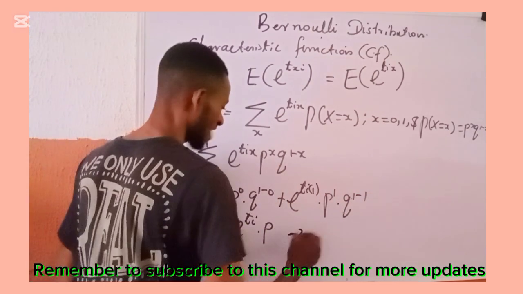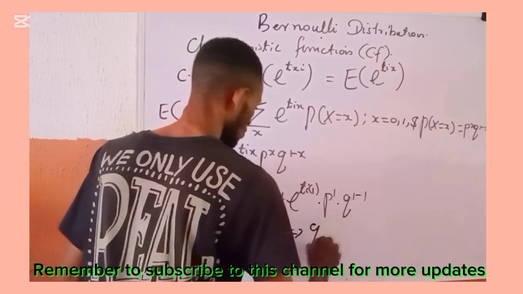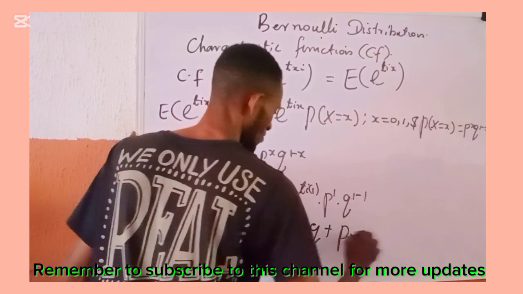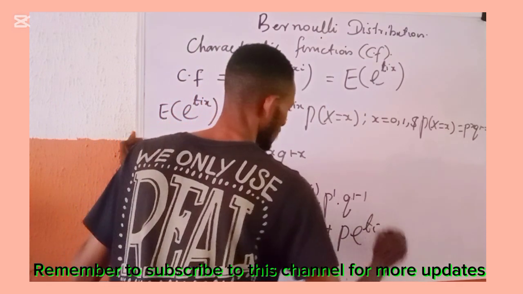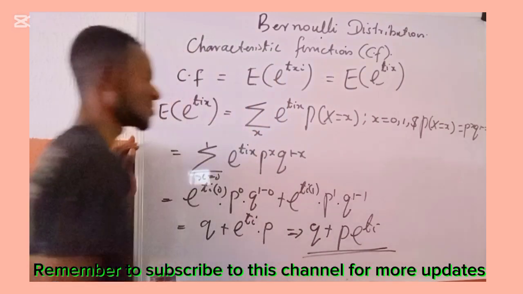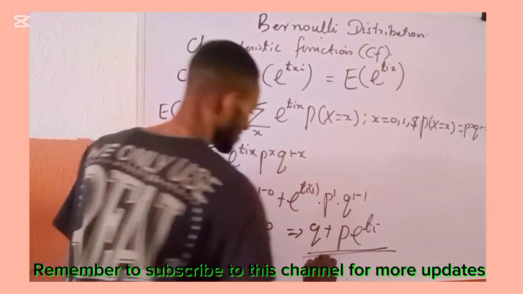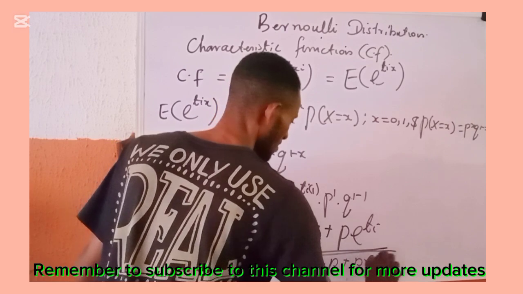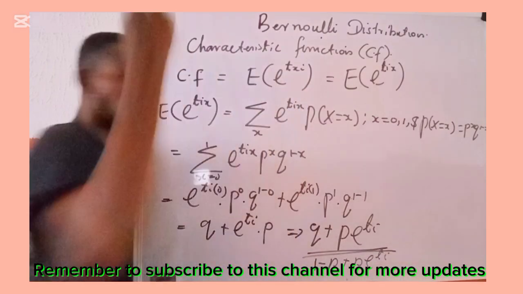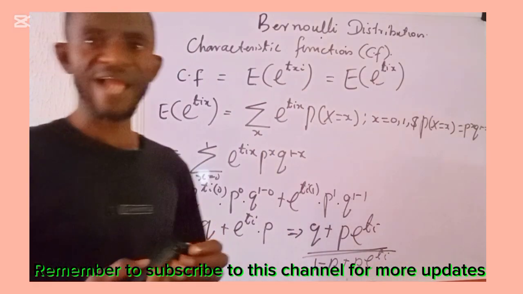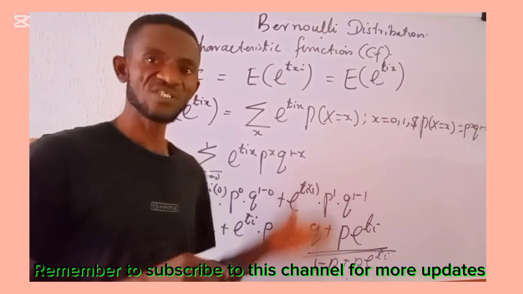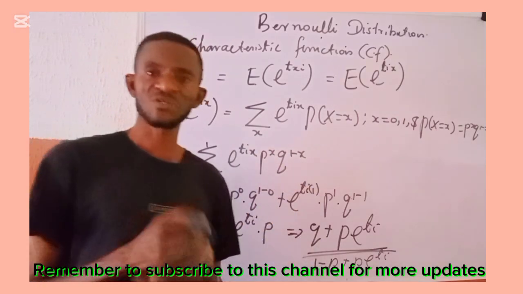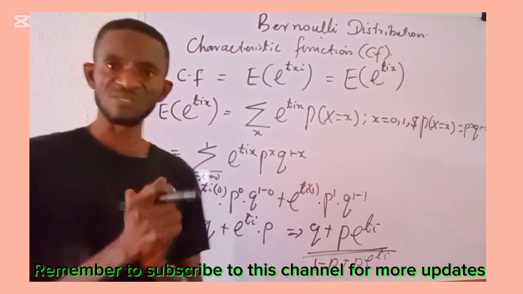So this is the same thing as writing q plus p e to the power it, which you can also see as 1 minus p plus p e to the power it, based on the explanation I had earlier given. So this is how to obtain the characteristic function of a Bernoulli distribution.